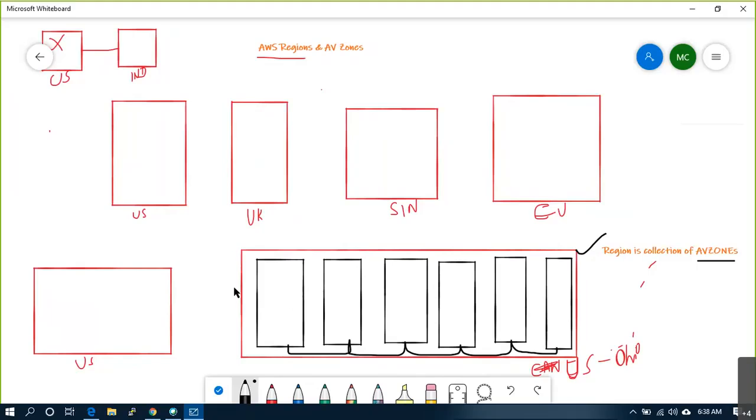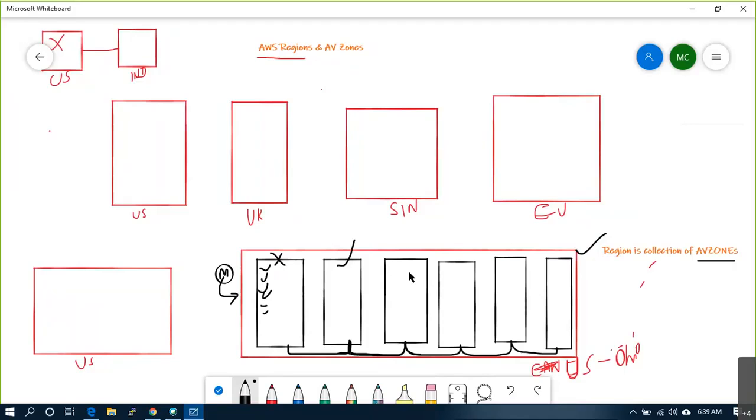Okay, let's say I have millions of customers using services in this region and they are deploying their workloads here. For some reason, if this building goes down, all these resources and services they have hosted for their customers are already replicated across the zones and they can simply bring it up from here.